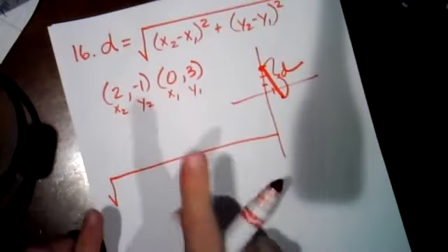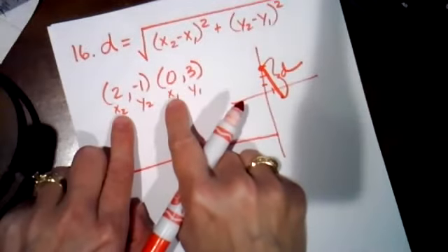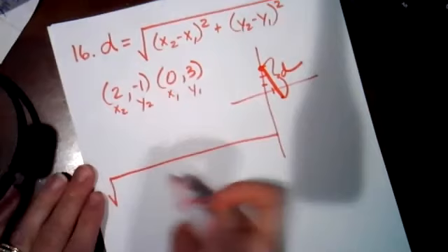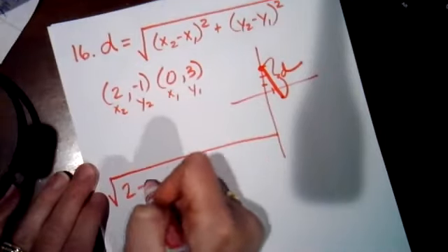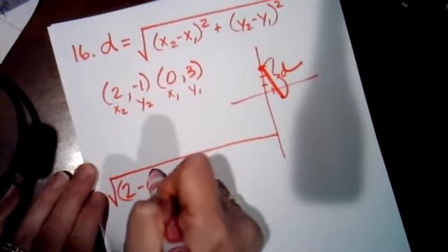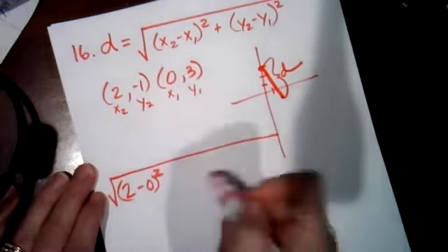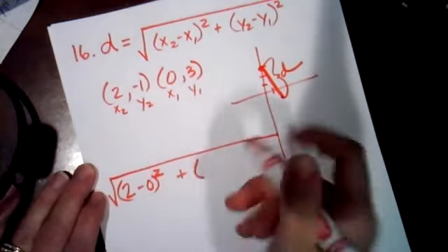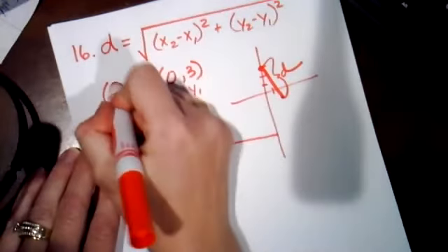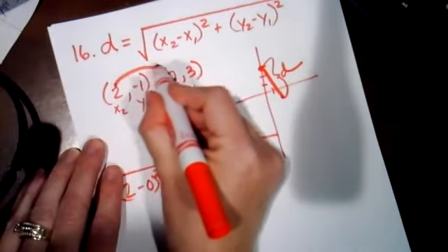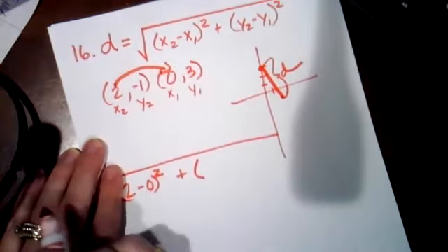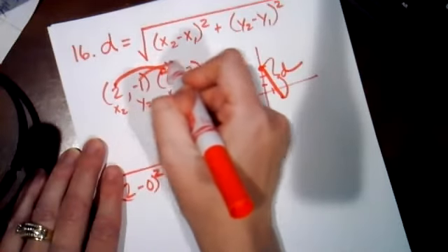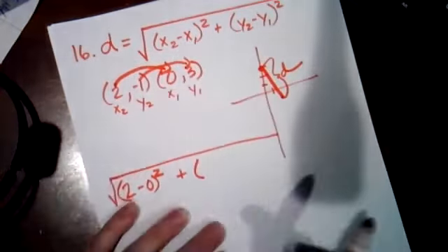The difference between 2 and 0, so we go 2 minus 0, and we have to square it, plus the other way. We went this direction in our subtraction, so I'm going to go this direction in my y.